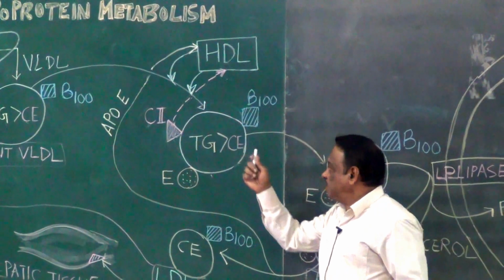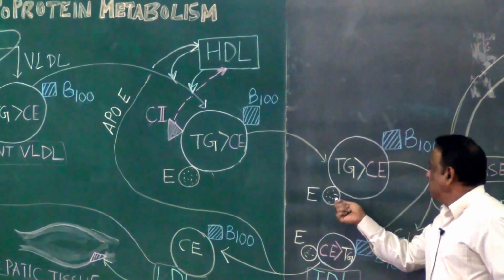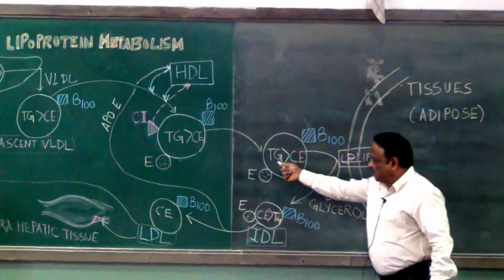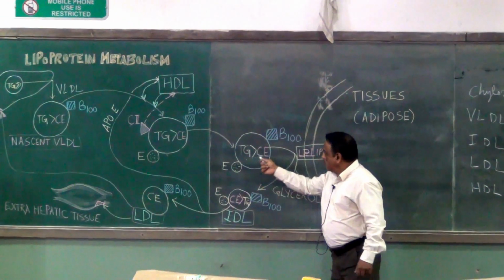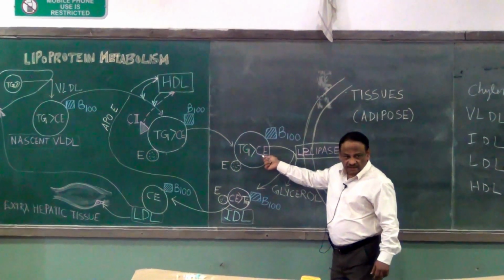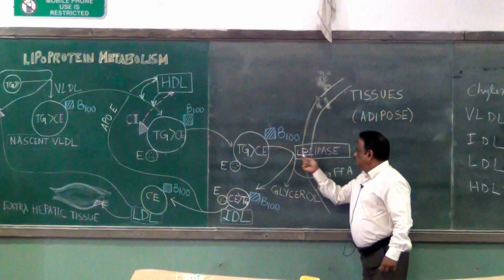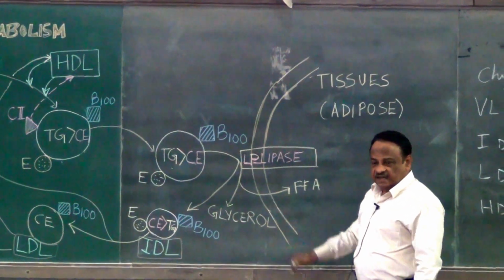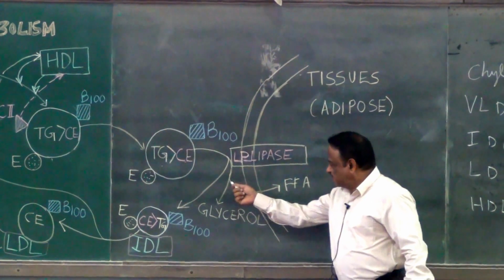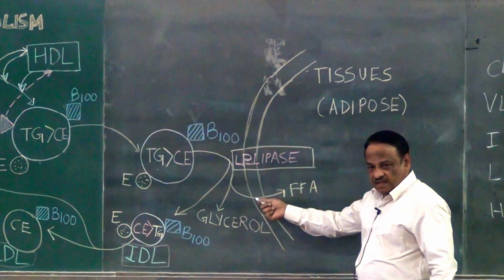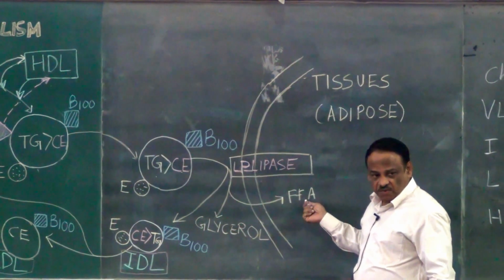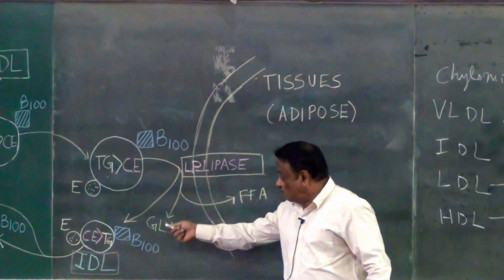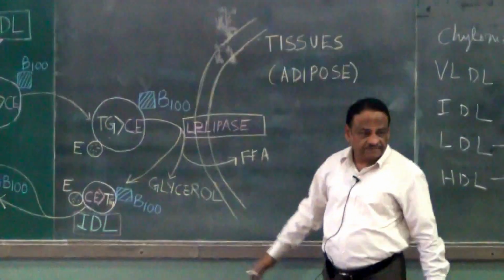So what apoproteins are left now? ApoE is there, ApoB100 is there, a lot of TG is there, and cholesterol ester is there. Now the lipoprotein lipase acts on this VLDL. What change takes place? The free fatty acids are removed, and glycerol will also be left.